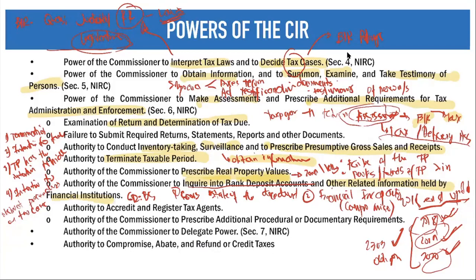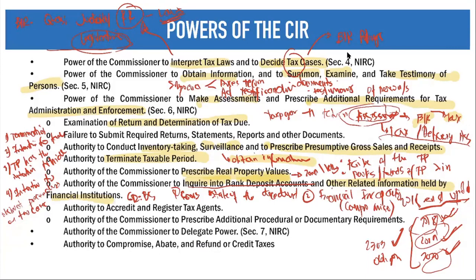So, of course, you must prove that you are really financially incapacitated. To determine that, you need to look into the bank account of a particular taxpayer, if really they don't have the money or the means to pay off the liability. Therefore, they can be compromised. Okay? So they can inquire into bank deposits, an exception to bank secrecy.